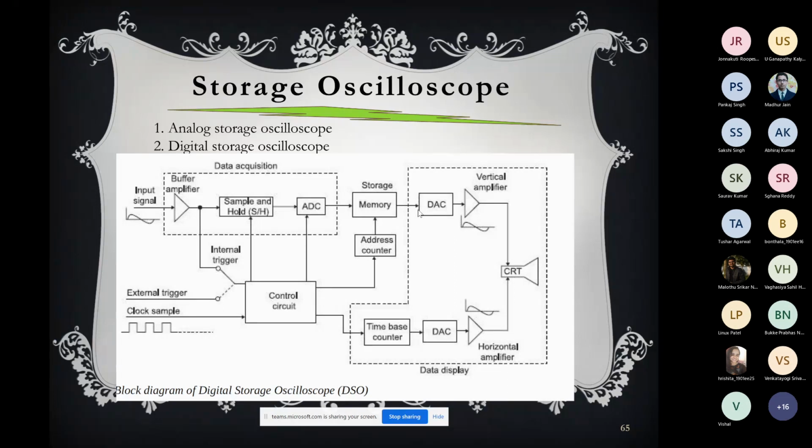In the DSO there is a user button, where whatever you are seeing or it is displaying, you can store in the form of time versus voltage, and that stored data can be taken out from the DSO using a USB storage or other storage device, and you can see or plot it in the computer. So this is all about the storage oscilloscope.